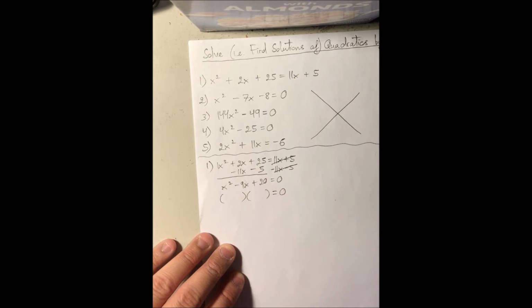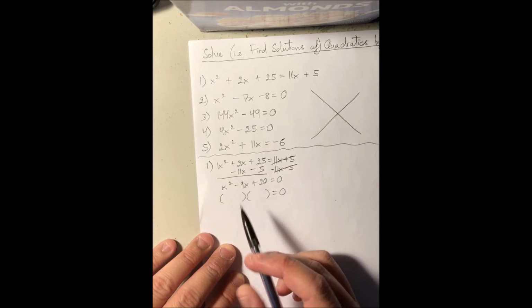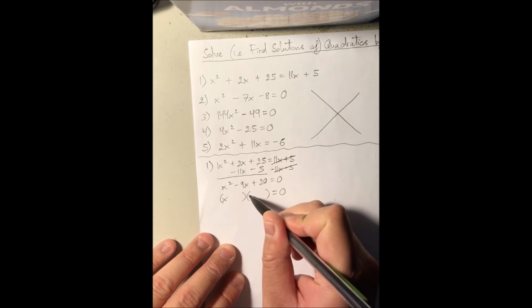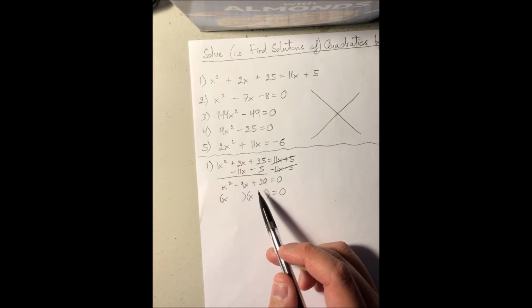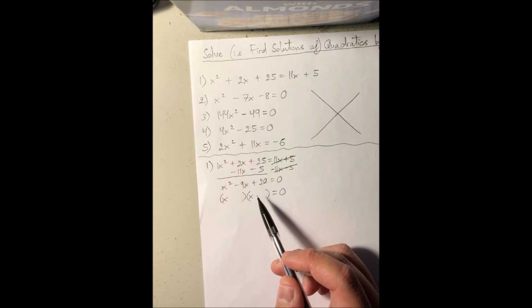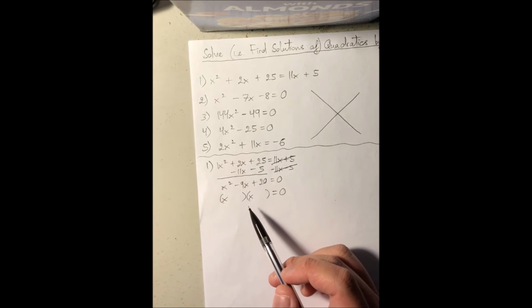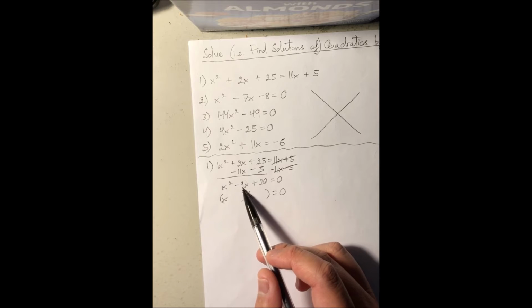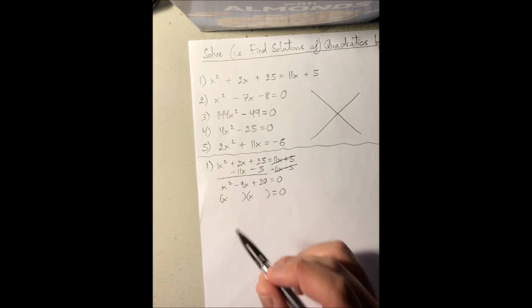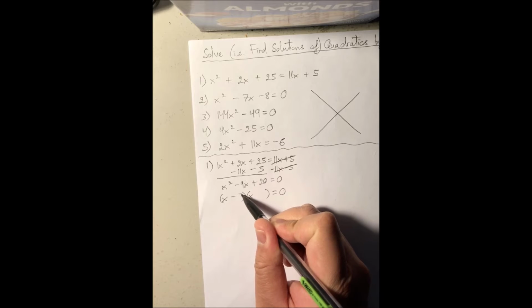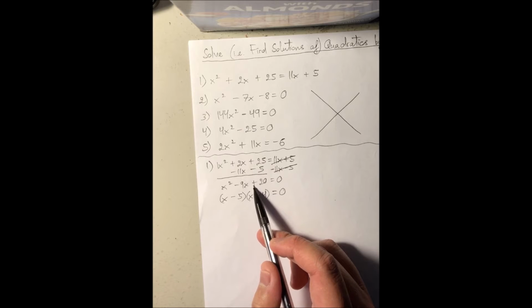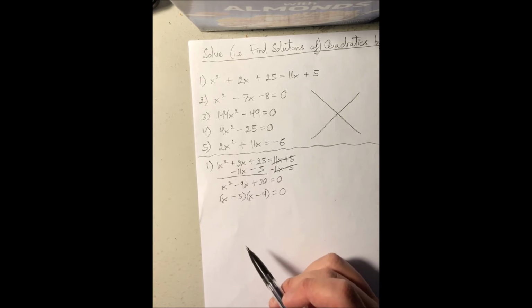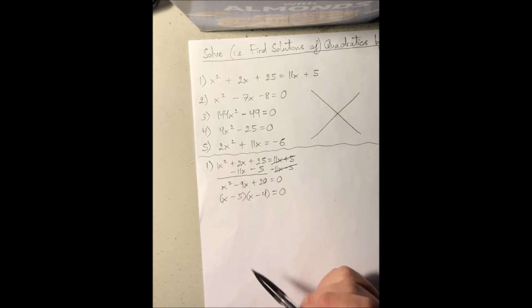Two multiplicative factors of x squared are just positive x and positive x. For the last term, I want two numbers that multiply to give positive 20, but also add to give the middle coefficient, negative 9. Easy: if we choose negative 5 and negative 4, negative 5 times negative 4 is positive 20, and negative 5 plus negative 4 is negative 9. So hey, this is the factored form.